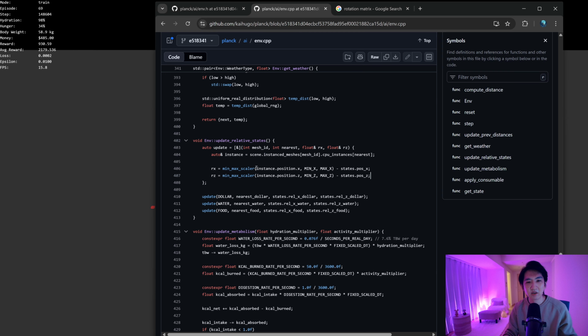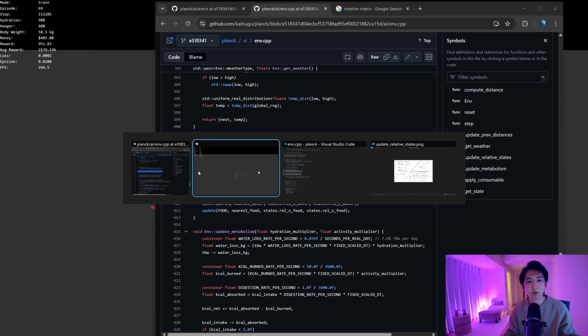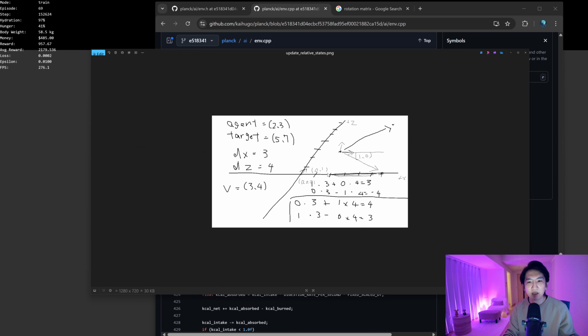And so if the target is water, this will be the position vector of the closest water. Subtracted by the position vector of the AI, I get the target vector, or relative distance, which would look like this.